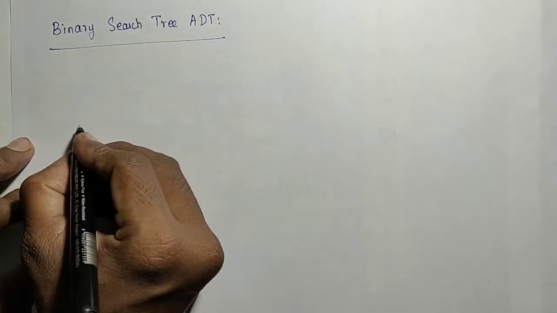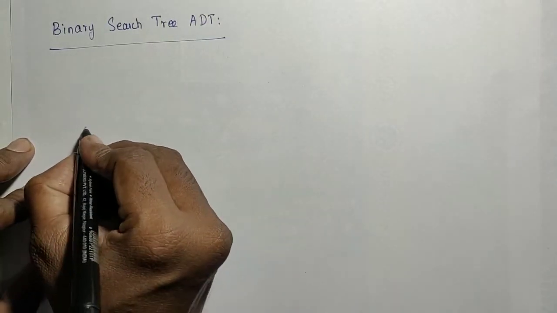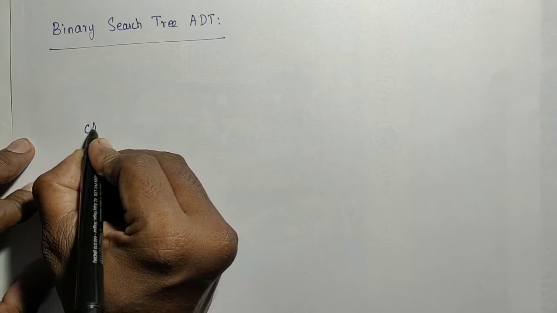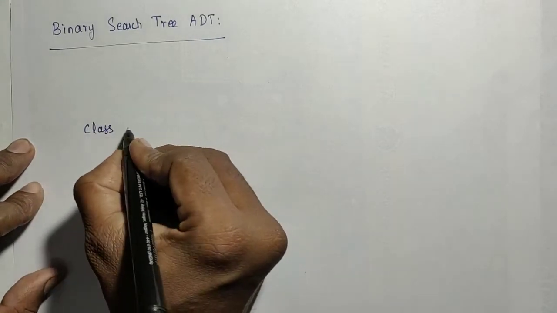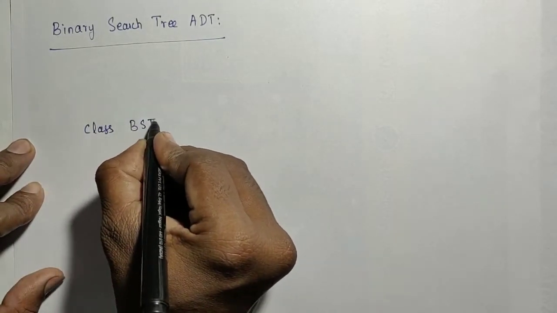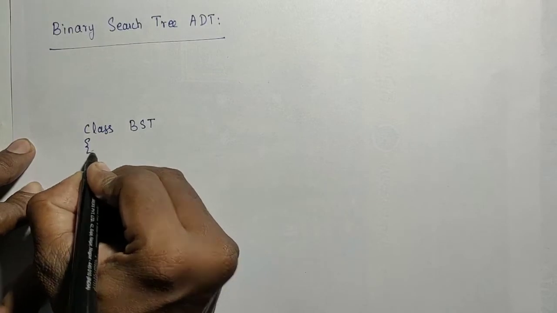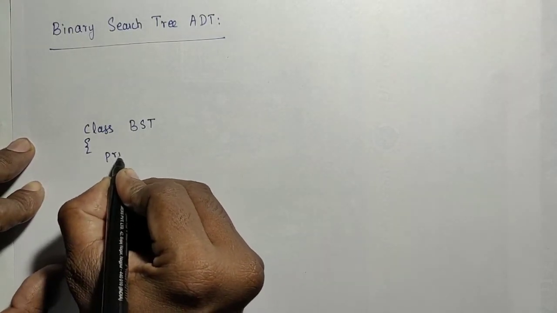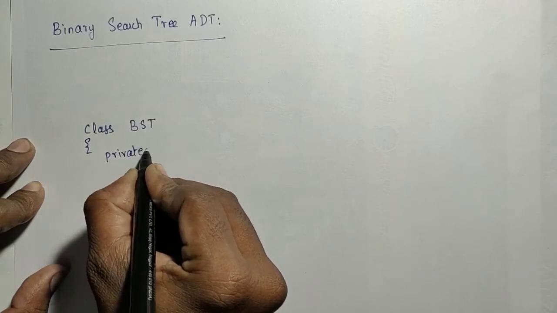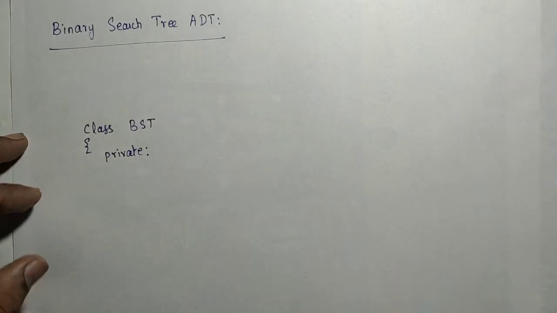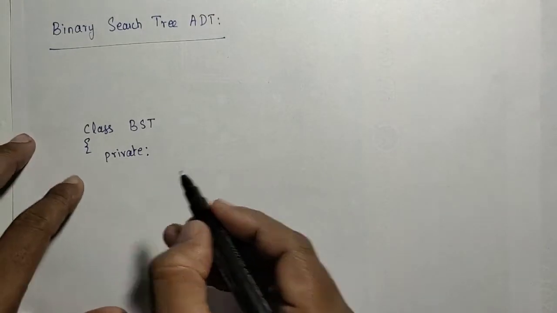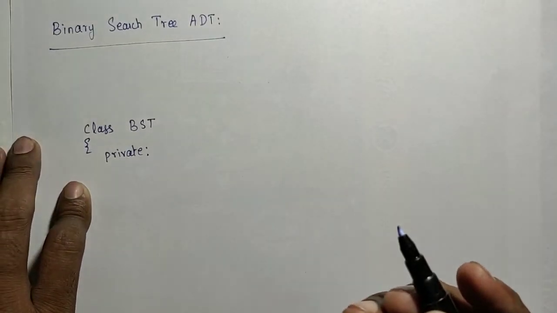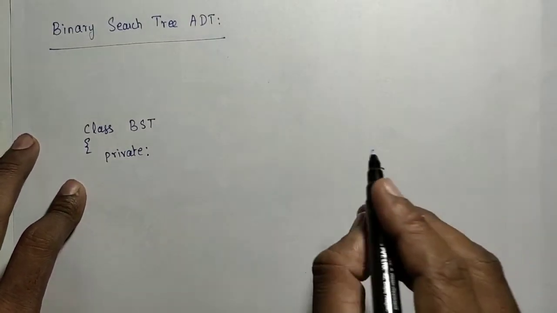So, for creating the binary search tree, I have to create a class, bst. This is my class name, and then what is the storage I'm going to use? In the list case, it contains the address of the first node and the size of the list, how many elements are there in the list.